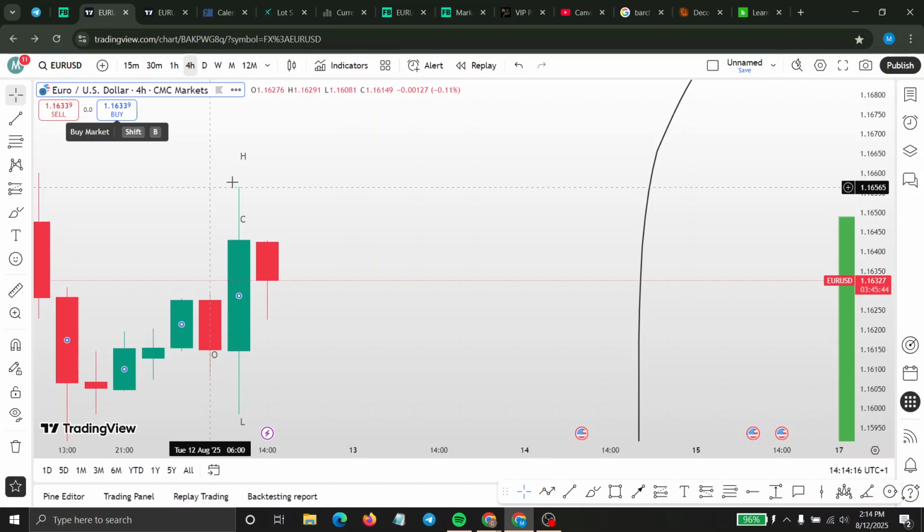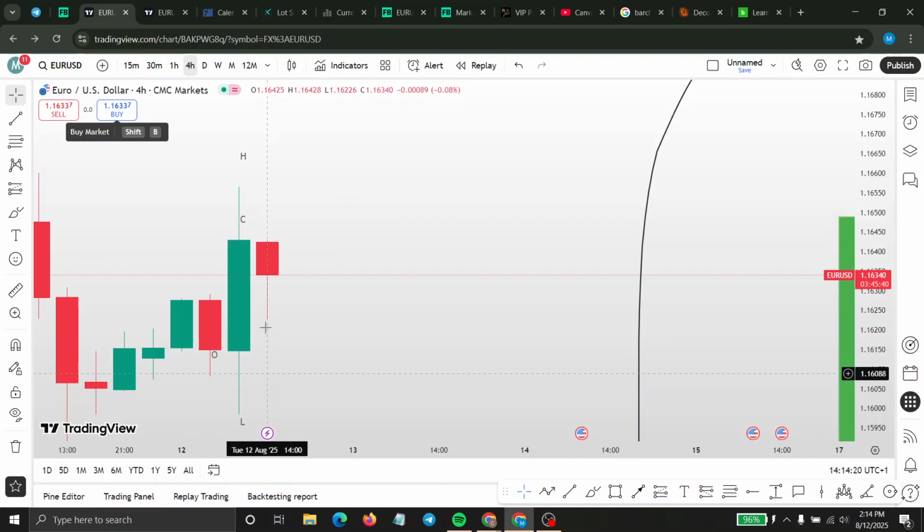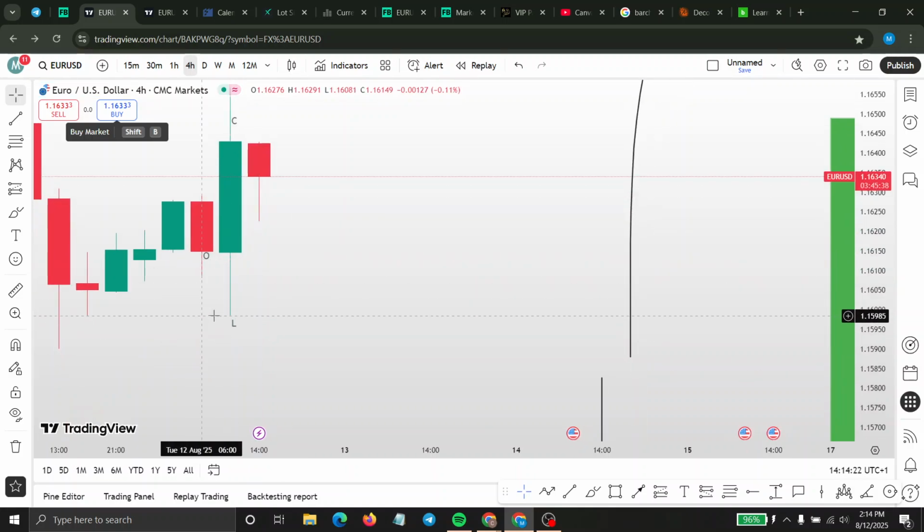You can see the highest point, 1.16565. If you check that candle, that information again, the low. If we go to the lowest point of this candle, we can see the lowest number the market reached. Let's check. The lowest point is 1.15985. You can see 1.15985. Are you seeing where I'm seeing my figure, like the right hand side?